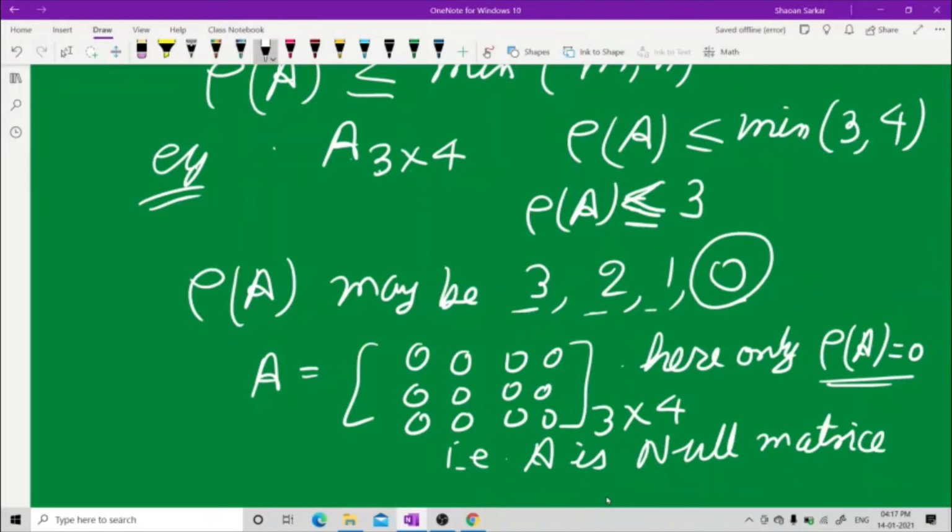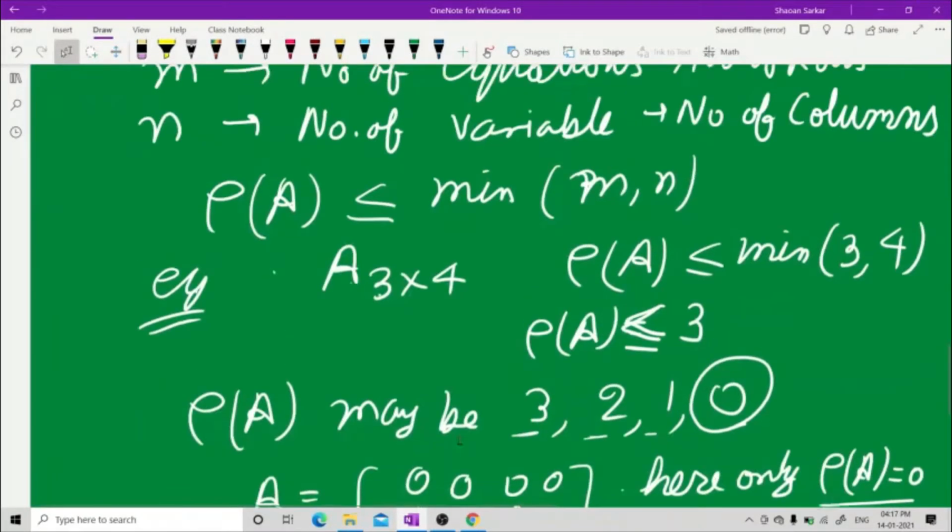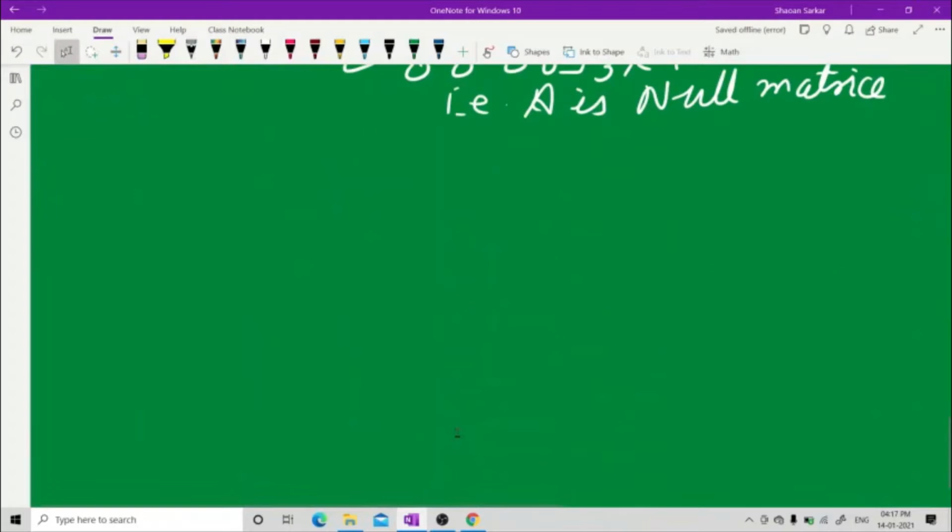Now see one more example, and then we will come to the theory.